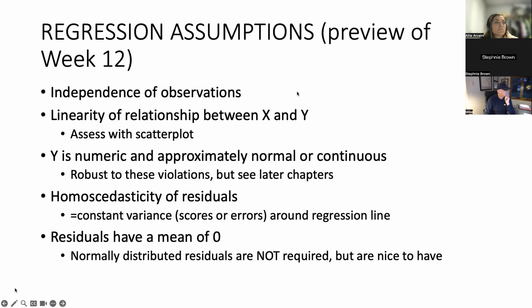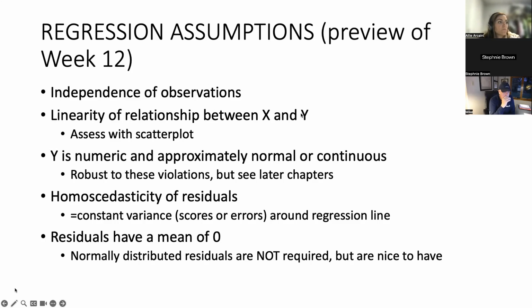I'll emphasize again that everything we've done so far, we assume the observations are independent. So in our data set with bone mineral density or the APOE or for homework, no person is in the data set twice. There's no correlations between different people's values.